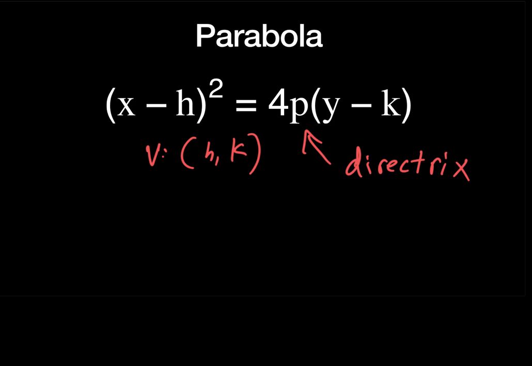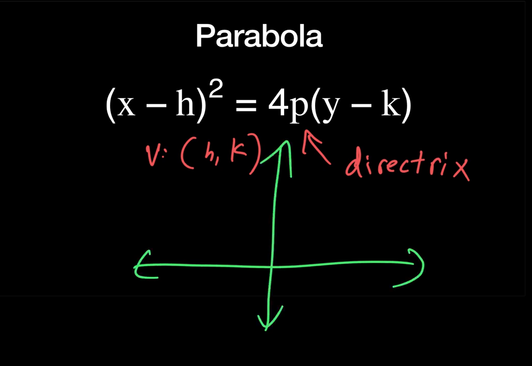All right. And again, you've probably not heard it stated like this before, but if I have a graph, and if I graph a parabola, the focus is right about here, and the directrix is an imaginary line right there.